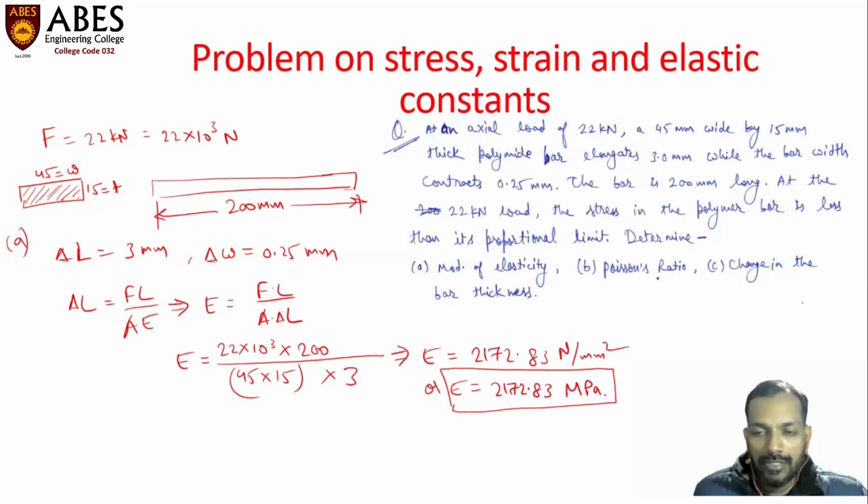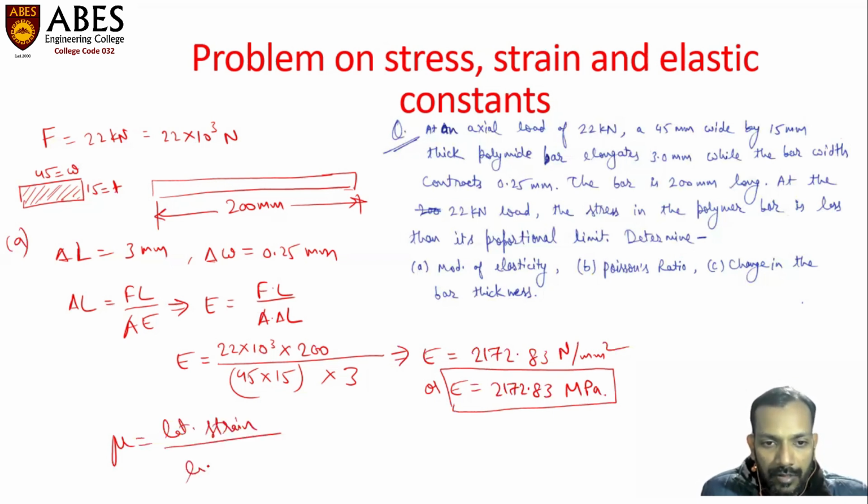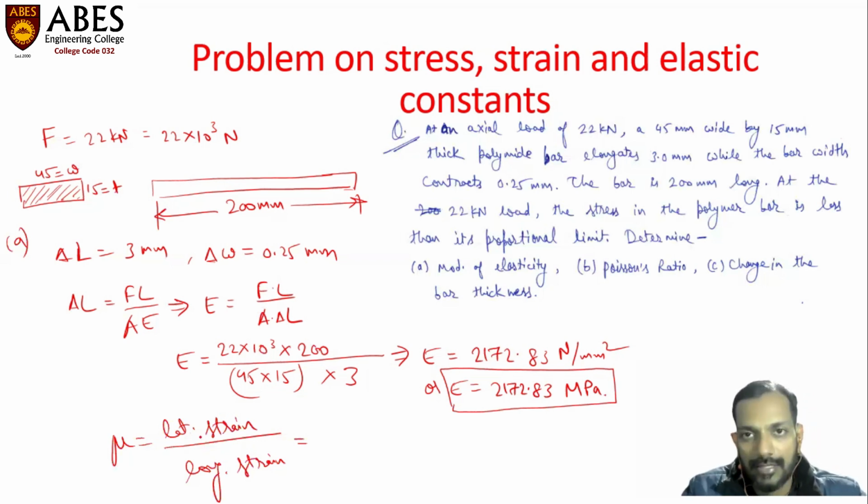Now, Poisson's ratio. For Poisson's ratio, what we need to do? We will calculate the ratio of lateral strain to the longitudinal strain. Poisson's ratio is equal to lateral strain upon longitudinal strain. In this case, when the cross section is rectangular, for lateral strain calculation, either we will use the dimension of width or we will use the dimension of thickness.